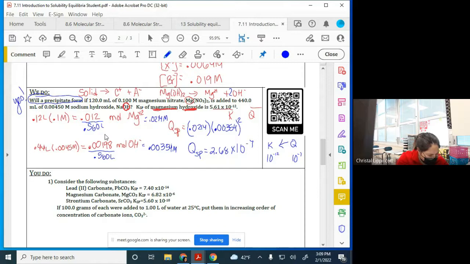Oh, okay. We multiplied by 2 and squared. Right, but in exercise 2, they gave us the solubility factor. They didn't give us the molarity. Here they're giving us molarities and they're giving us volumes.